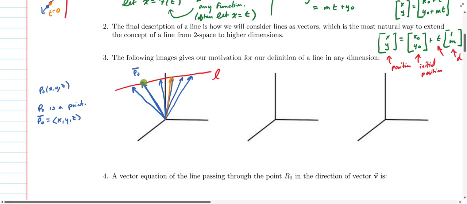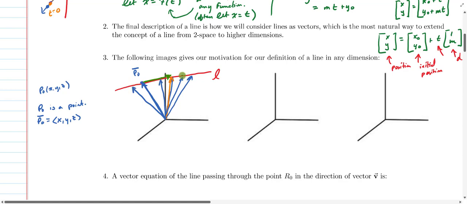What other vector would I have to add to P naught to get me to this orange vector? Well, by our triangle method of vector addition, I'm going to add a vector, say this green one, right here. And notice that this green vector that I've just added follows the direction of the line.